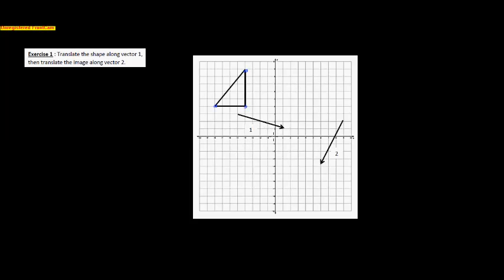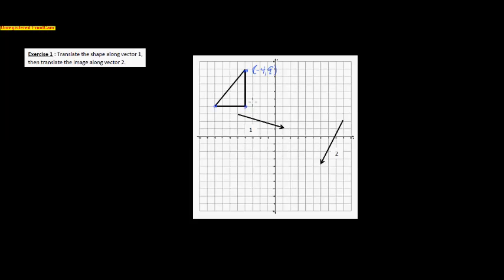So if I start here, this is 1, 2, 3, 4. This is to the left 4, so that's a -4, and 1, 2, 3, 4, 5, 6, 7, 8, 9. So this is the point -4, 9.